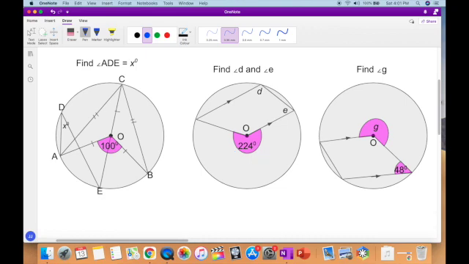Because 224 is connected to these 2 points here, this angle D would be a half of 224. So 224 divided by 2 is 112. So this angle D over here is 112. Anybody got that for D?